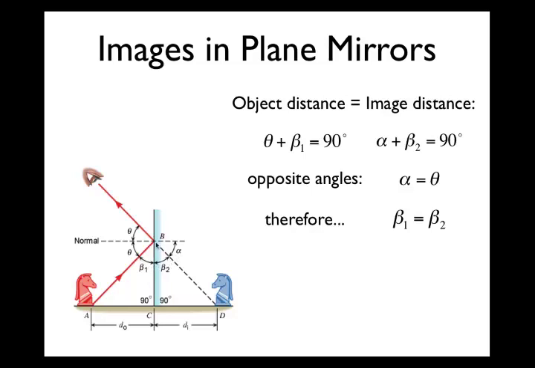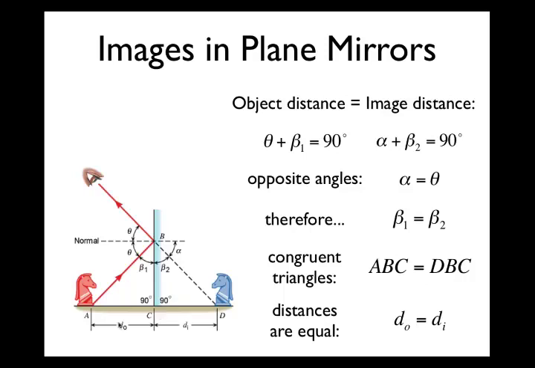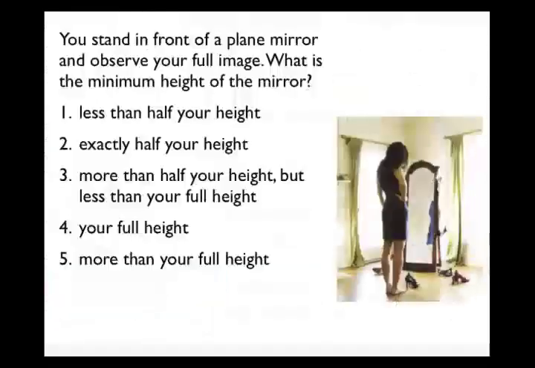If beta 1 equals beta 2 and they share a common side, and then the angles down here are both 90 degrees, these are congruent triangles, and that means that the triangle formed by point A, point B, and point C is congruent to the triangle formed by point D, point B, and point C. And therefore, the object distance is equal to the image distance. It was pretty exciting, wasn't it?